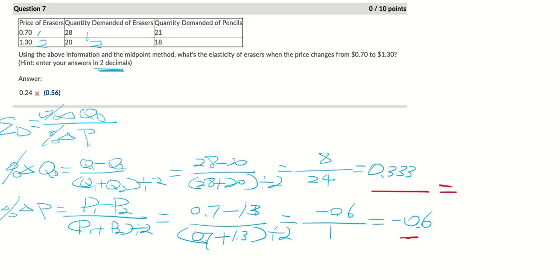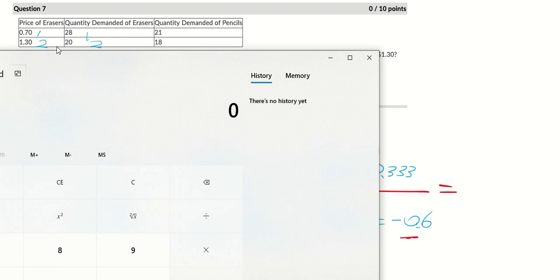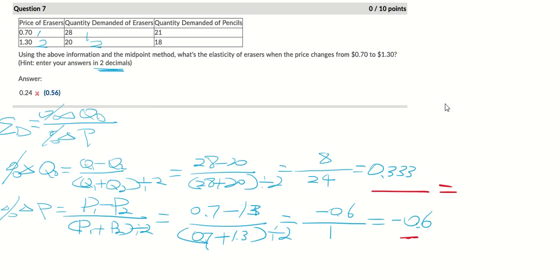Let me get a calculator. So we're looking for 0.333 divided by 0.6, and that's a negative 0.55. So the answer is a negative 0.555.